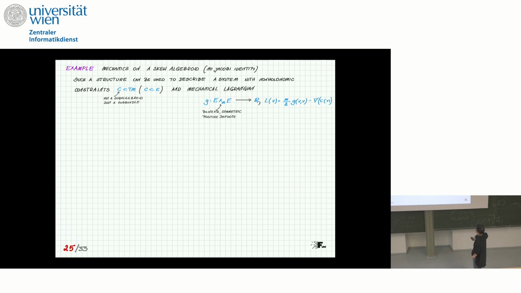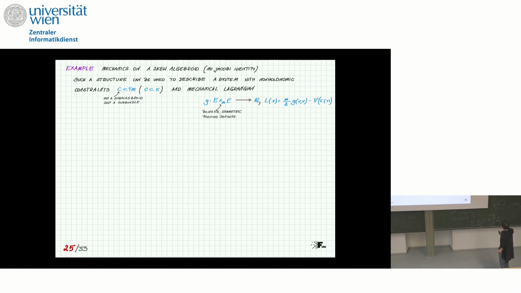So we will take just a subbundle, which is not a subalgebroid, and there is some restriction for type of systems that we can treat. We will be treating only so-called mechanical Lagrangian. So the very usual type of a Lagrangian, which has two parts.